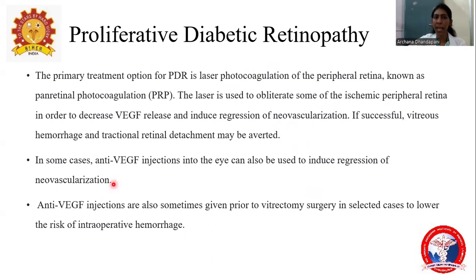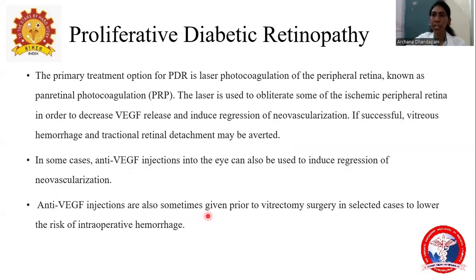And in some cases, anti-VEGF injection can also be used to induce regression of neovascularization, and anti-VEGF injections are also sometimes given prior to vitrectomy surgery in selected cases to lower the risk of intraoperative hemorrhage.